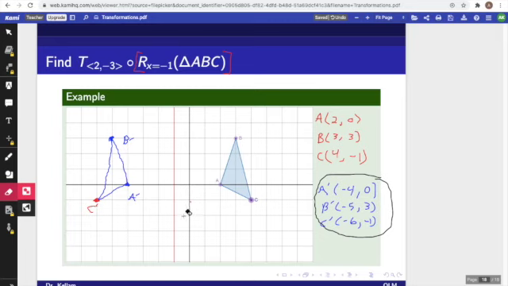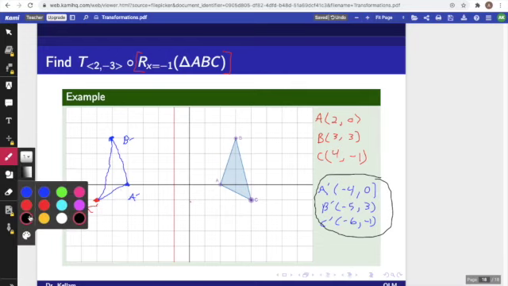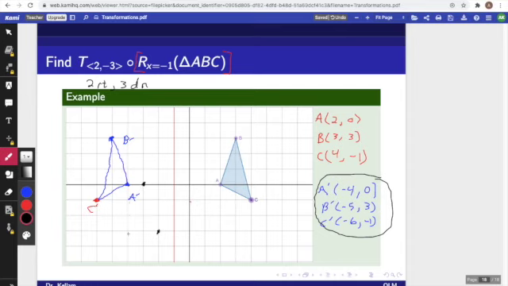Okay. So what is my translation? Well, my translation is 2 right, 3 down. 2 right, comma, 3 down. So let's do it. A, 1, 2, 1, 2, 3.